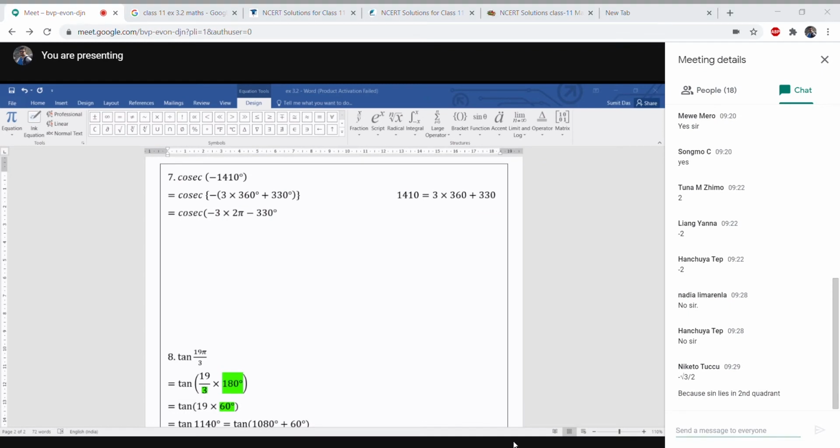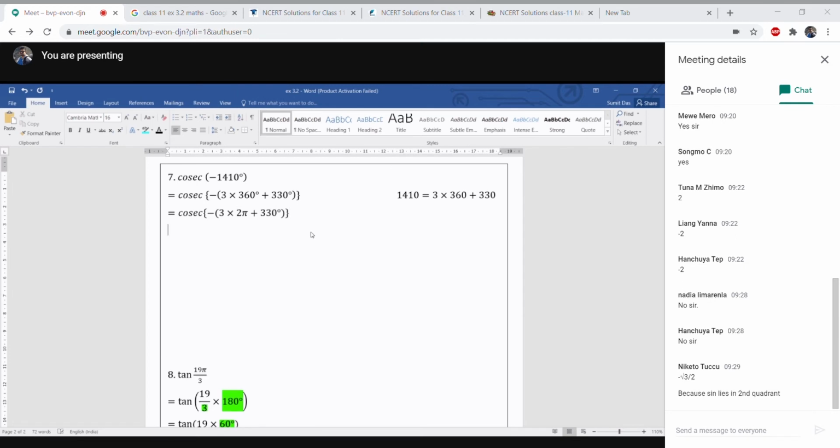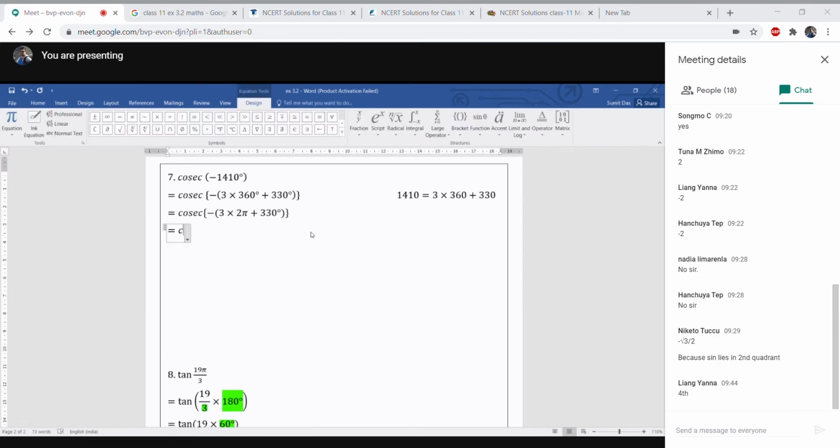Okay, can anyone tell me in which quadrant this angle is lying now? You can see the angle is 3 into 2 pi. 2 pi means one complete revolution, right? And that 3 times, and then plus 330. So in which quadrant is this angle?